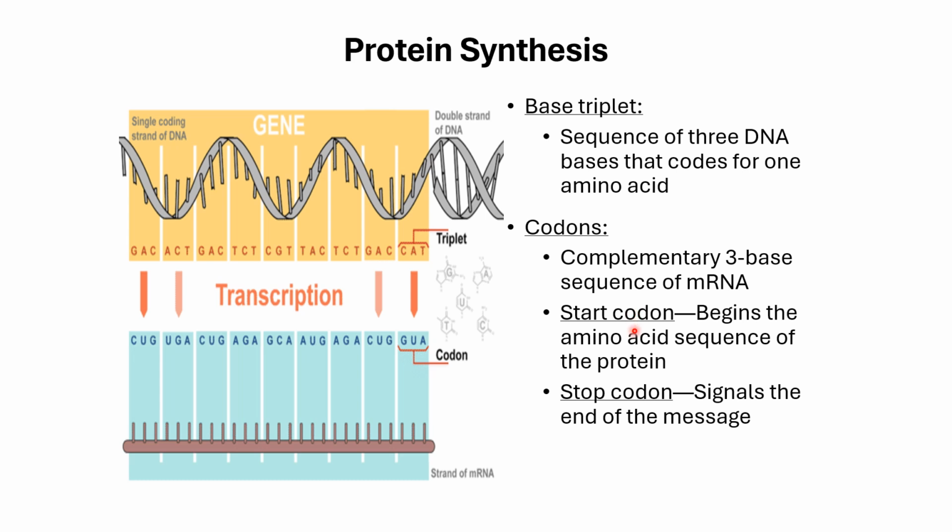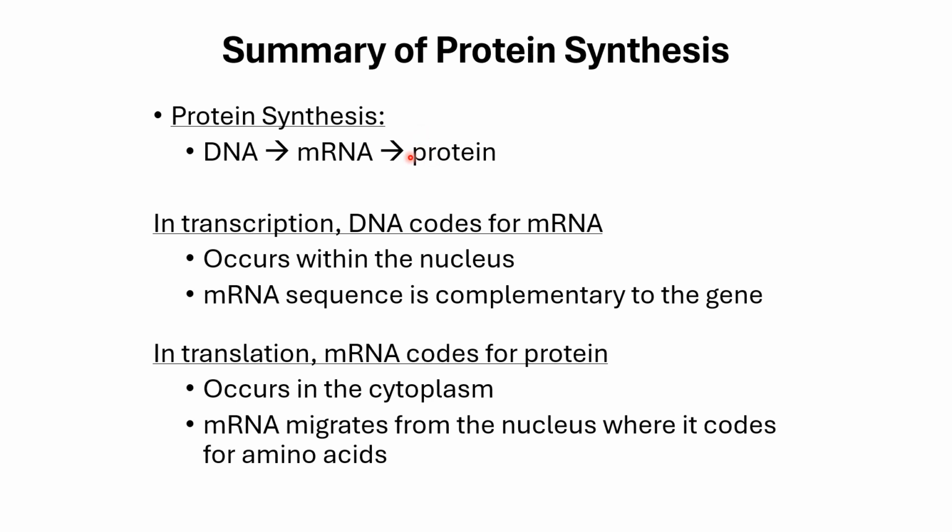The start codon begins the amino acid sequence of the protein. That's when the synthesis starts. And when it reaches the stop codon, that's the signal that indicates the end of protein synthesis. So essentially, this is the process of protein synthesis.